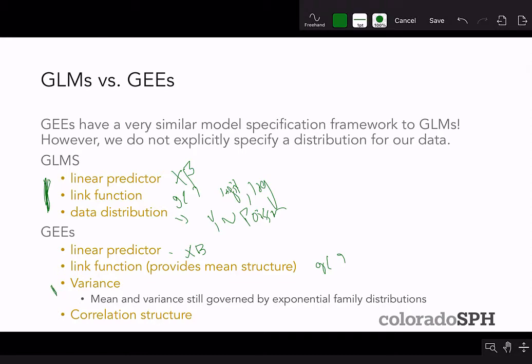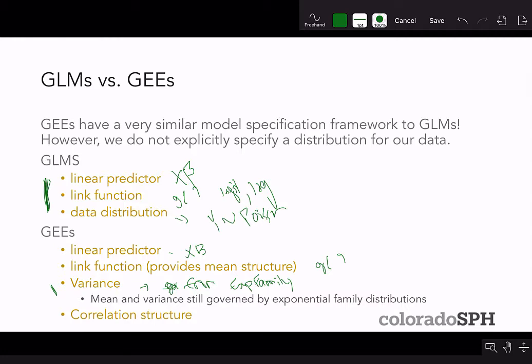Since we're not explicitly specifying a data distribution for the whole joint distribution of your outcome, you have to specify a variance as well, though often we use variances from exponential family distributions, depending on the type of data that you're working with.